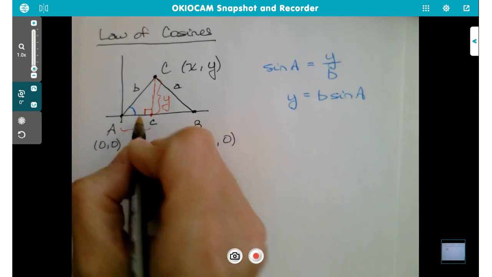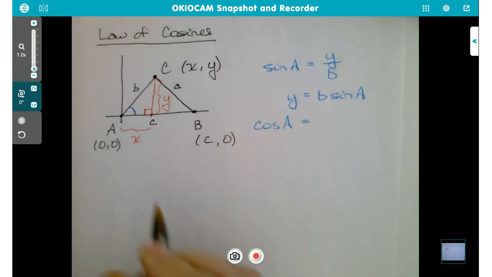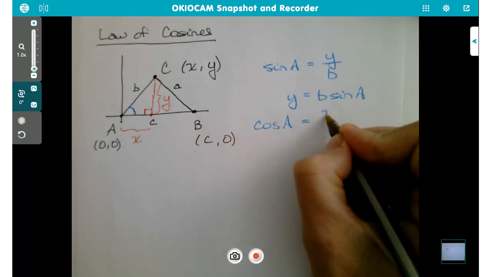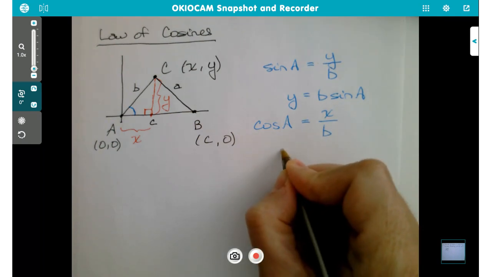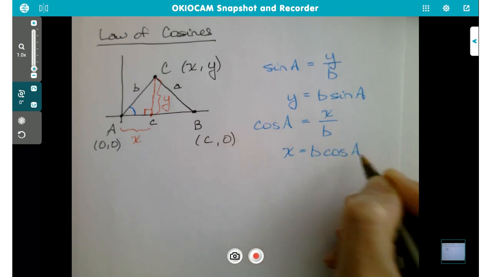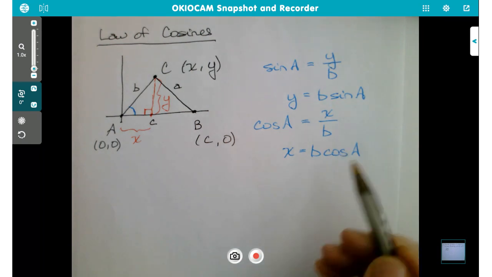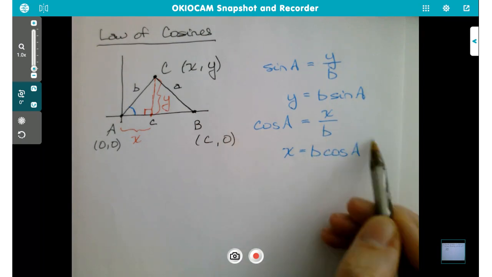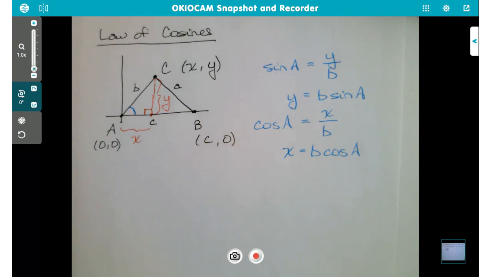We can also talk about the cosine of angle A. Its adjacent side, which is x, over the hypotenuse, which is still b. And I can solve that also for x. x is b times cosine A. And again, that's good because now instead of just arbitrary x, I'm naming point x in terms of parts of the triangle, sides and angles of my triangle.